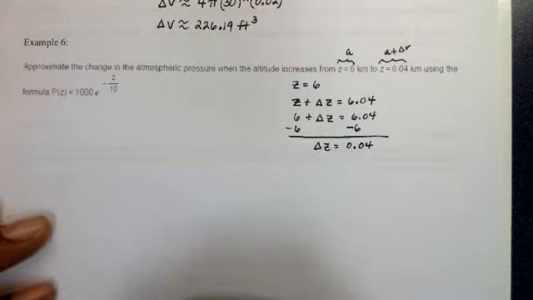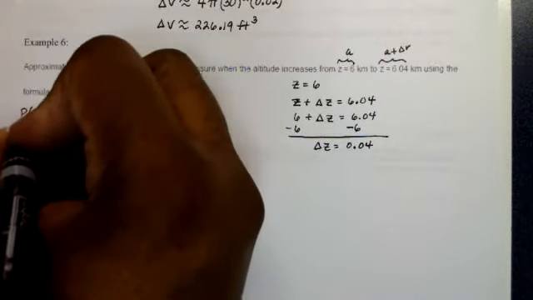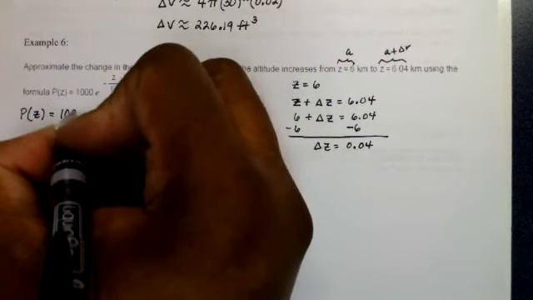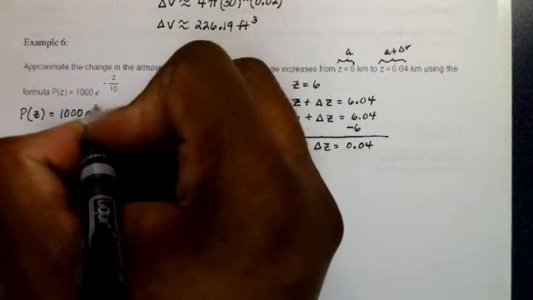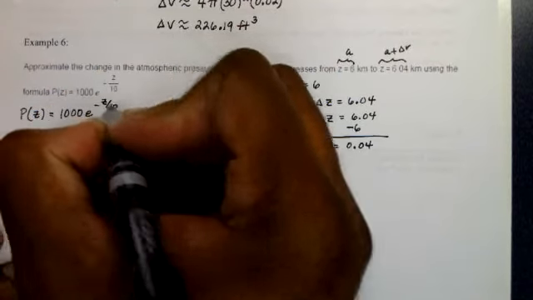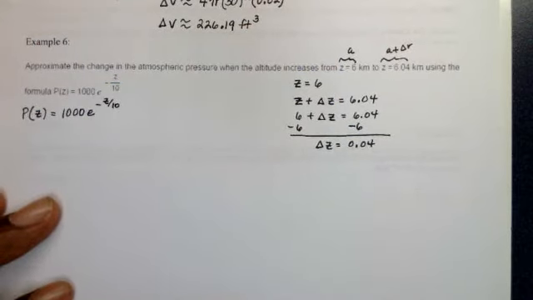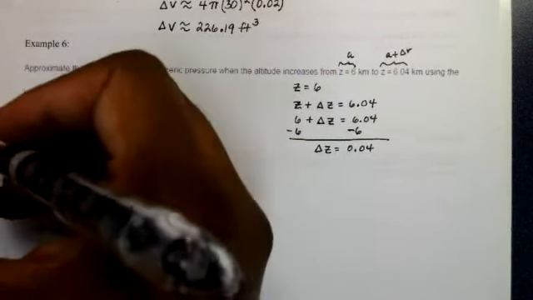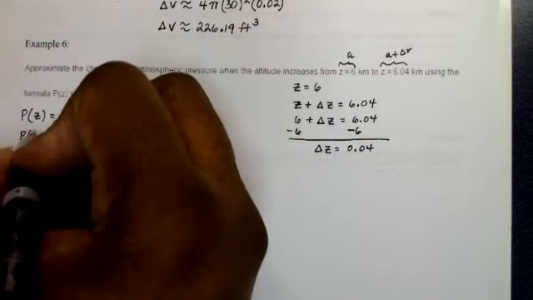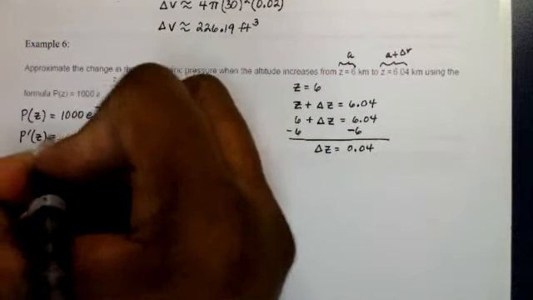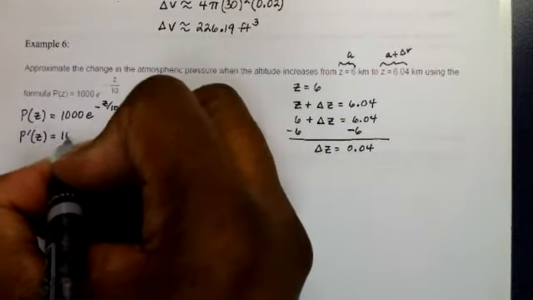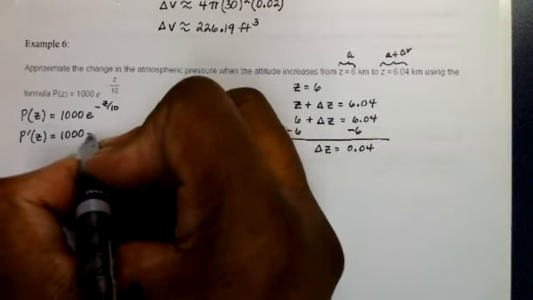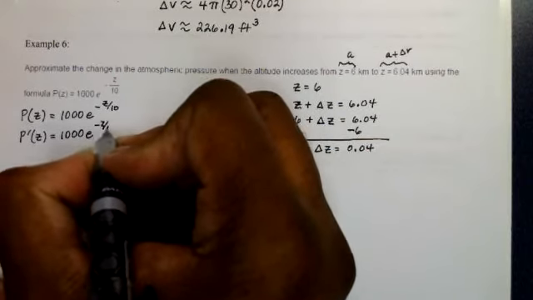Now I have P of Z equal to 1,000 e to the negative Z over 10. Let's find this derivative, P prime of Z. All right, that constant, we bring that down. The derivative of e to the negative Z over 10 would be e to the negative Z over 10.